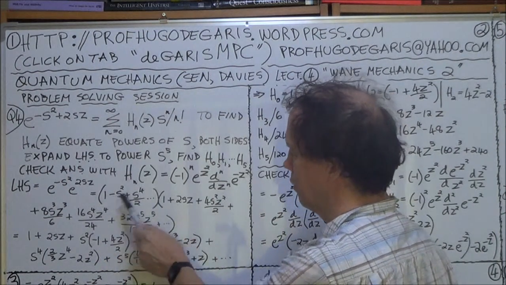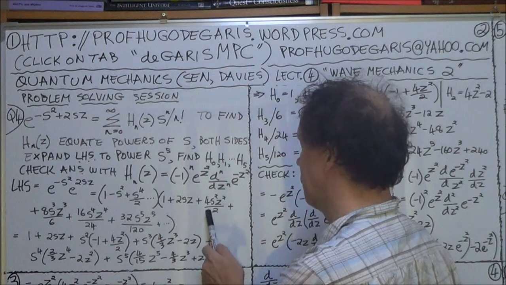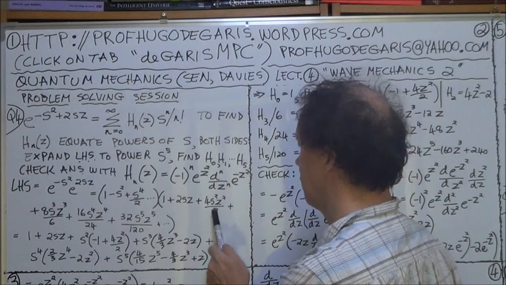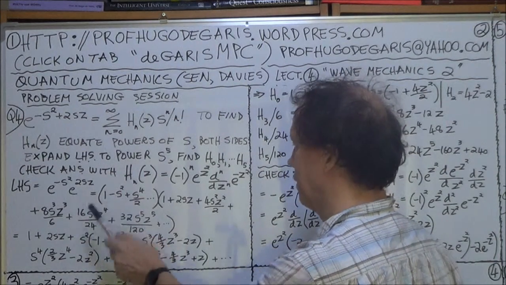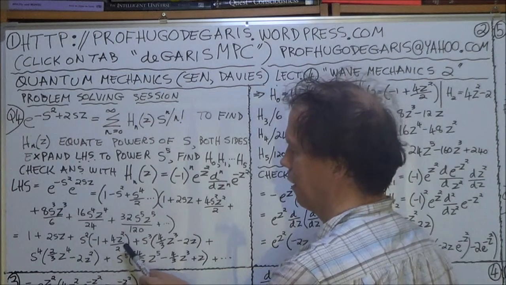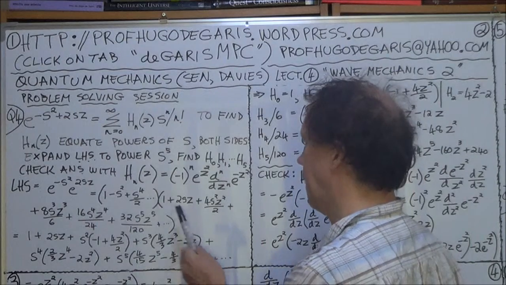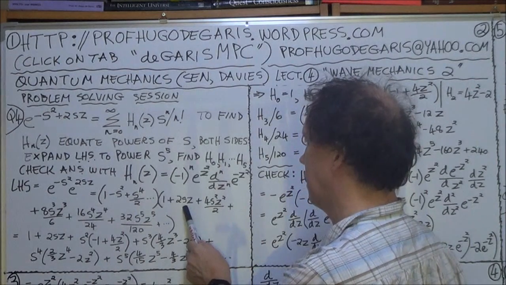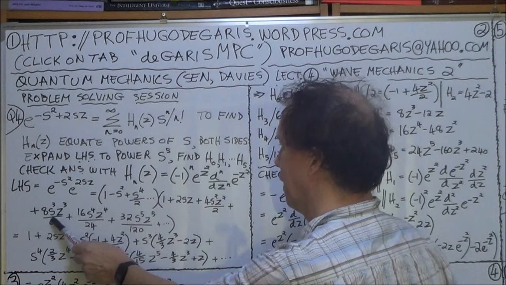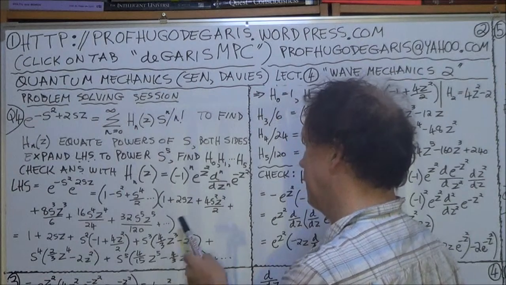You get a minus 1 from these two, and you'll get a plus 4z squared over 2, in other words 2z squared, from these two. So you've got two terms there for s squared. Now for s cubed, if you multiply these two, you get an s cubed, and if you multiply that and that, you get an s cubed. So two terms there.